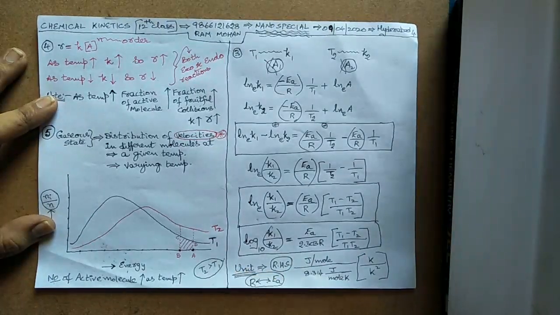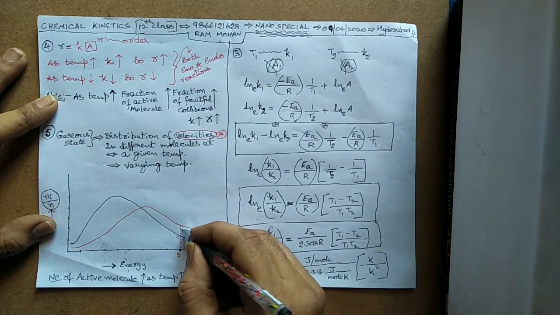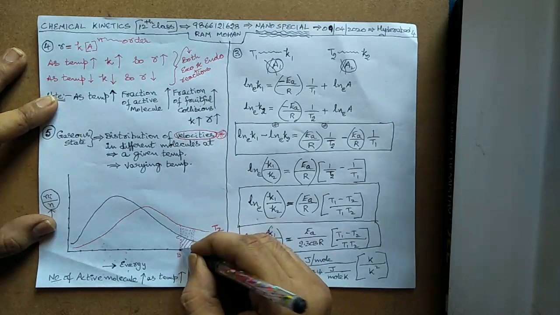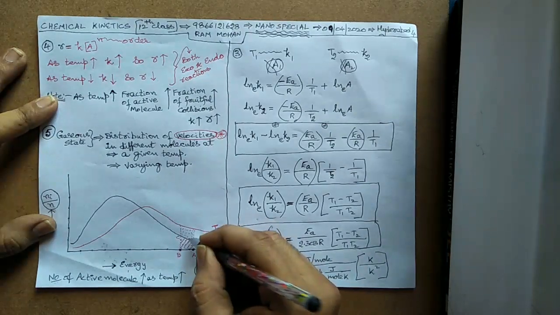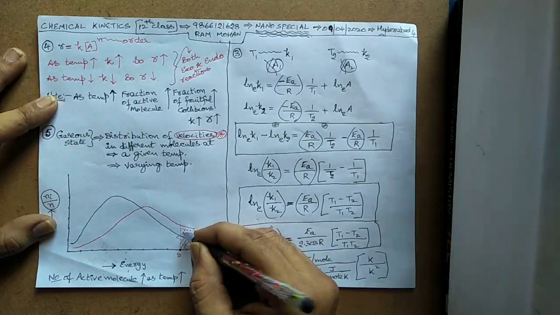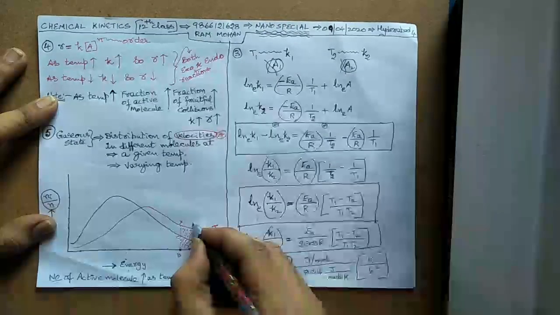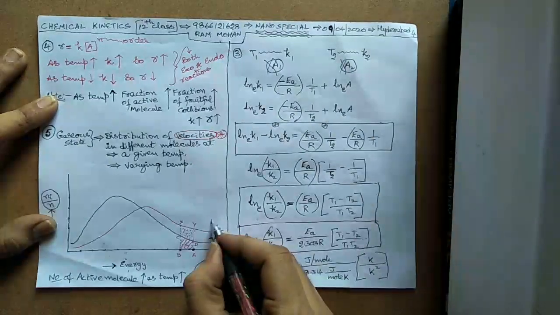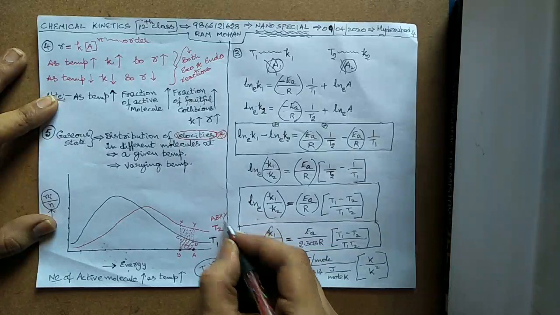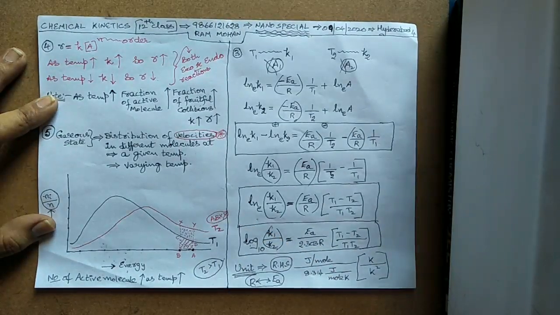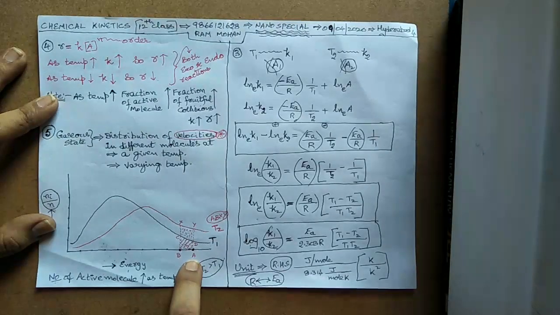Now that is at a temperature T1. Assume I increase the temperature to T2. Now what happened to the respective number of molecules? The respective number of molecules in the same energy zone goes on rising. So this entire region, which is ABXY, is the area which gives you the number of active molecules having energy between EB and EA.